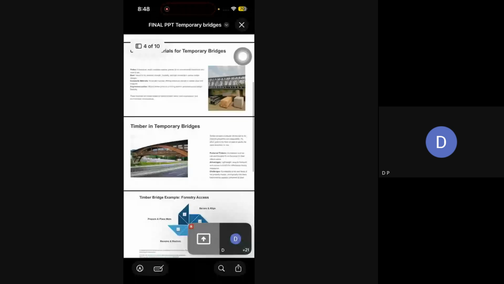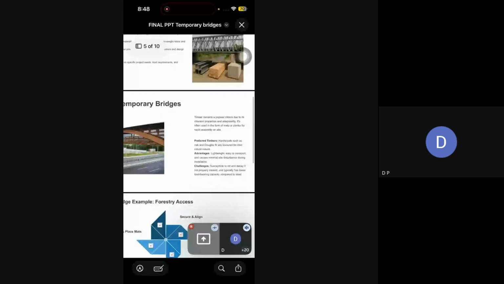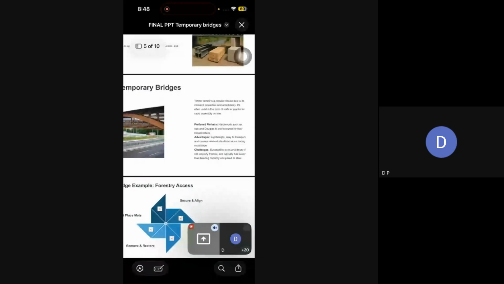Timber in temporary bridges. Timber remains a popular choice due to its properties and adaptability. It's often used in the form of mats or planks for rapid assembly on site. Preferred timbers: hardwoods such as oak and Douglas fir are favored for their robust nature.